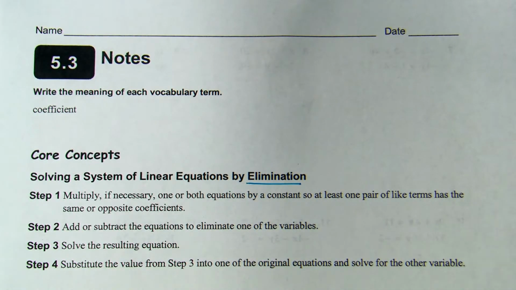We're going to need to get one of our vocabulary terms out of the way here, coefficient. We've talked about coefficient. We have a pretty good idea of what it is. But let's give it a formal definition here.